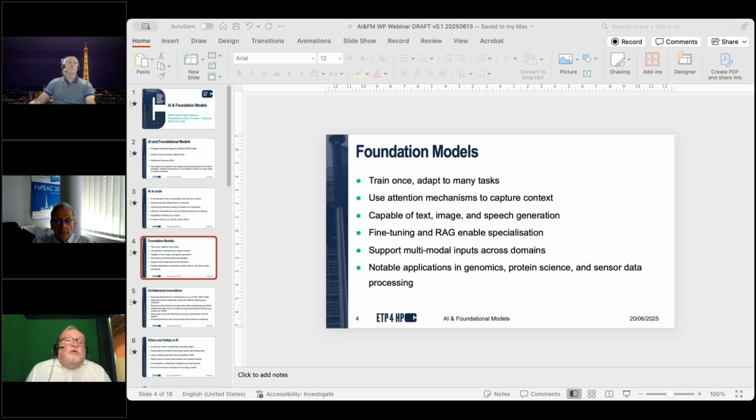They support a hugely diverse range of data types, including text, vision, genomics, protein sequences, for example, speech, and time series. And their complex attention mechanisms allow for long-term dependencies and context. And that's one of the key reasons why they are becoming so successful.